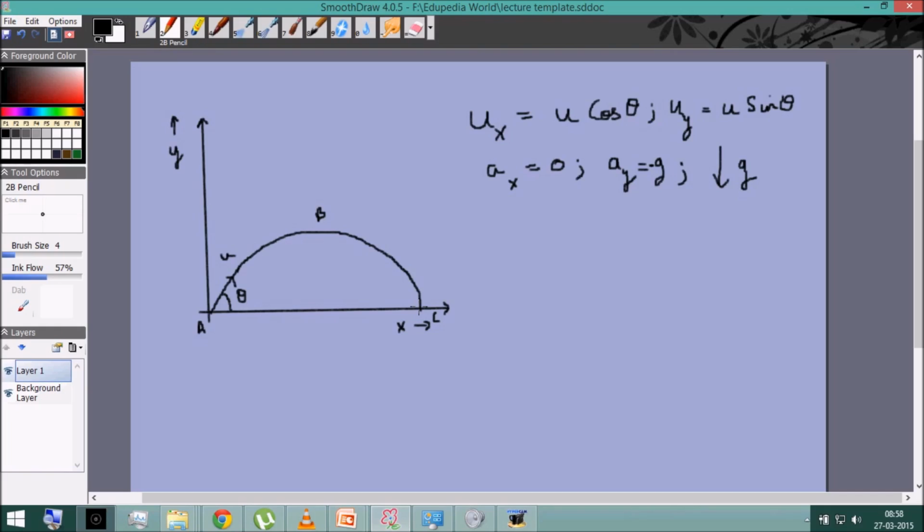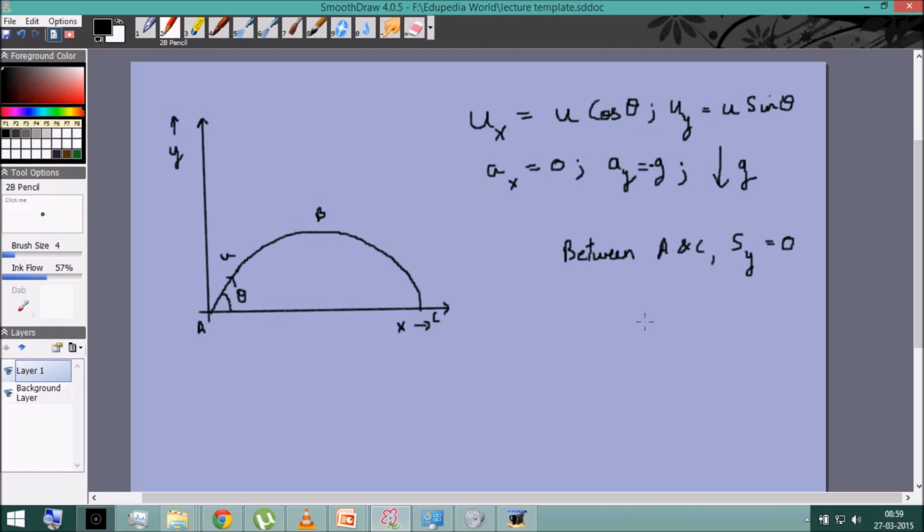So now we've decided the events. Now we need to decide which equation we should use. For that we need to know what our knowns are. u and a are known, obviously. We need to find out t. So we need either s or v. We don't know v, but we do know s. You might say we don't know s because we don't know the distance AC. That's what we're trying to find out.